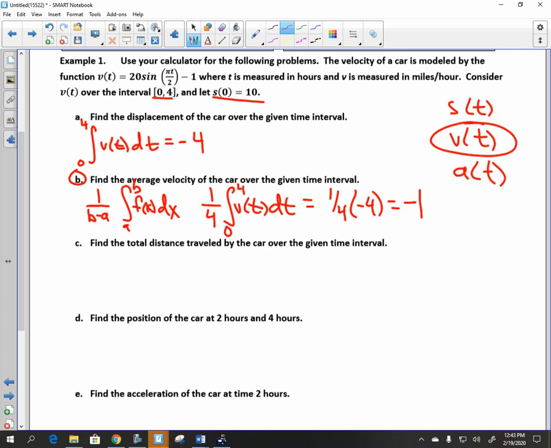I'm going to put a label on it. It says average velocity. How do we measure velocity in this problem? Miles per hour. Some of you will get used to the order in which the questions are asked, and you'll rely on that for the test. I mix up the order of the questions on the test. You have to actually know what the questions mean.